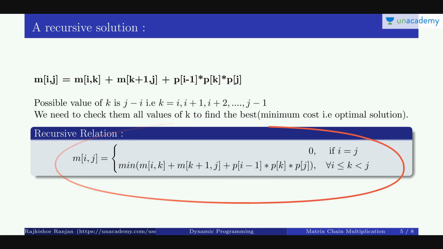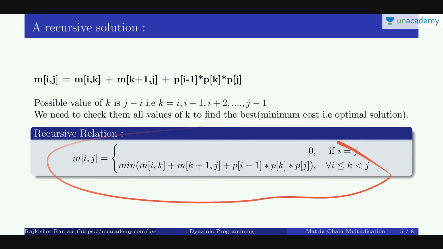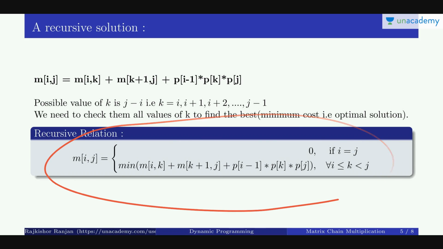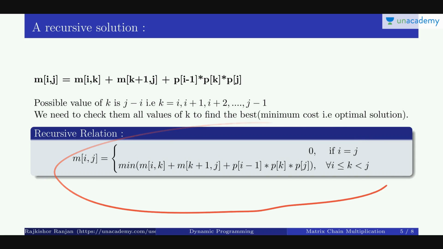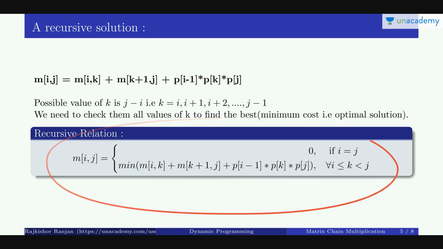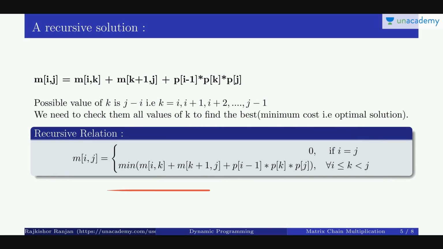That means we are finding the multiplication cost of all configurations, and after that we take the minimum multiplication cost among them.